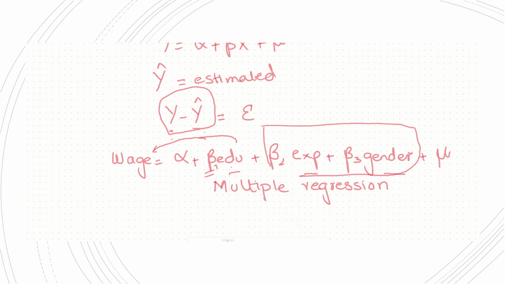So beta 1 tells you the effect of a 1 unit increase in education on wage by keeping the other factors constant. On the other hand, beta 2 tells you the effect of an increase in experience on your wage by keeping all the other factors constant. And beta 3 tells you the effect of gender on your wage by keeping your other variables constant.